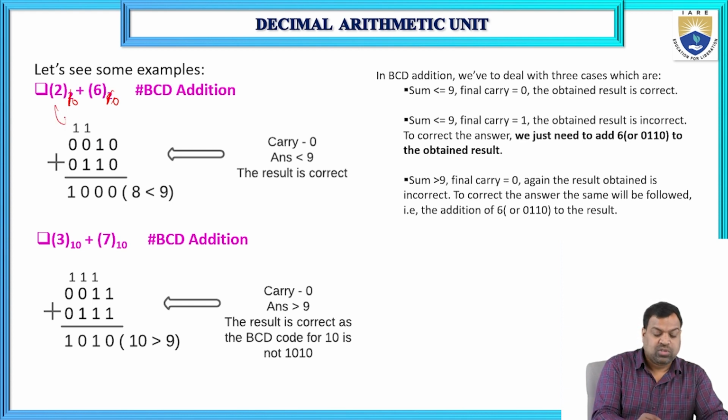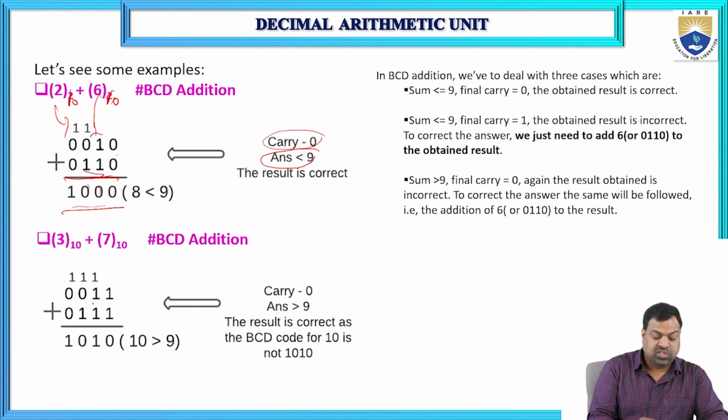So 2 is 0010, and 6 is 0110. Adding them, we get 1000. So what is 1000's value? 8. 8 is less than or equal to 9, so it is within the limit. And is there a carry? No. So it is correct? Yes, it is correct.